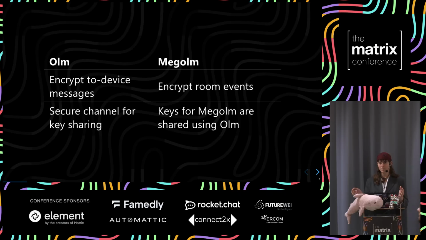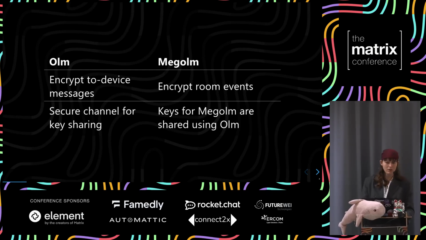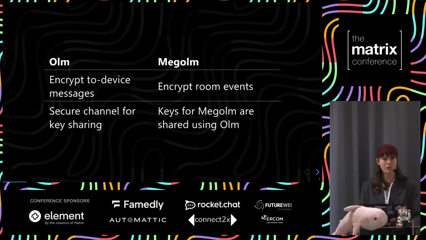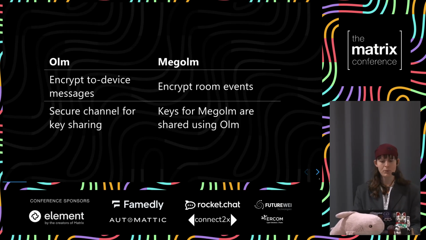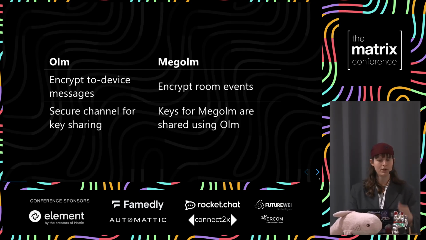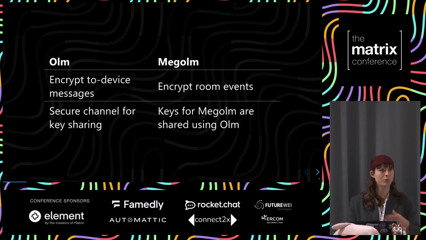Some wording. If we use end-to-end encrypted messaging in Matrix, we use Olm and Megolm. Olm is the algorithm used to encrypt and decrypt to-device messages, whereas Megolm is the encryption algorithm to encrypt events in a Matrix room with several participants.